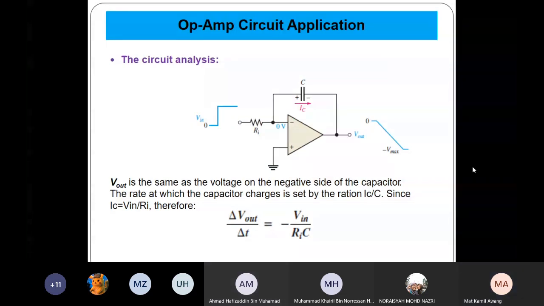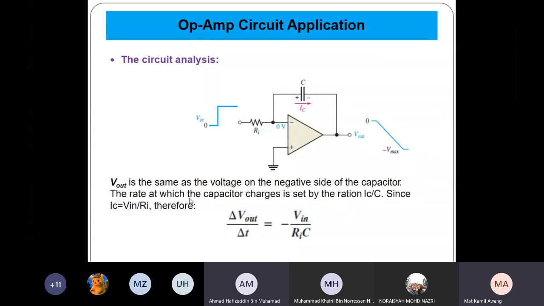So now, the circuit analysis. Let's say you have a step function. So V out will be a ramp. V out is the same as the voltage on the negative side of the capacitor.